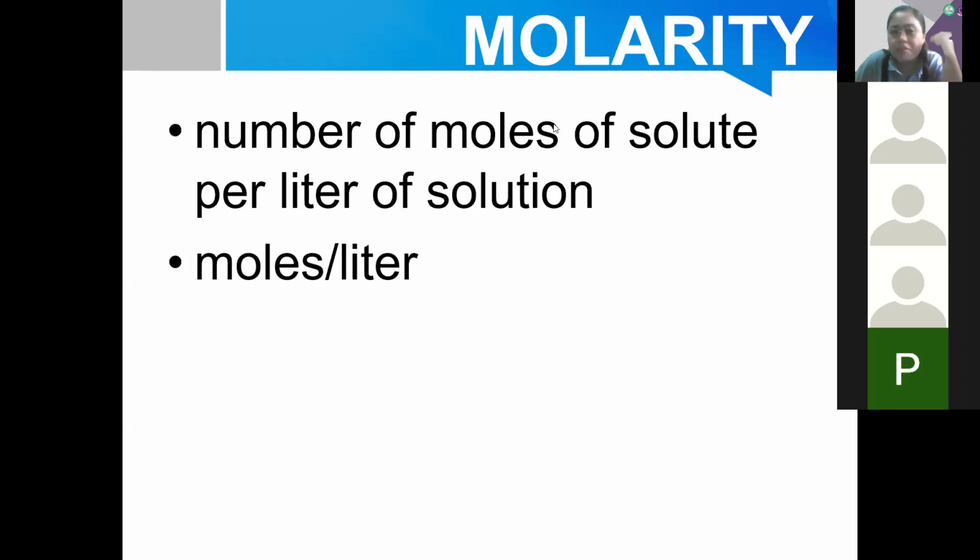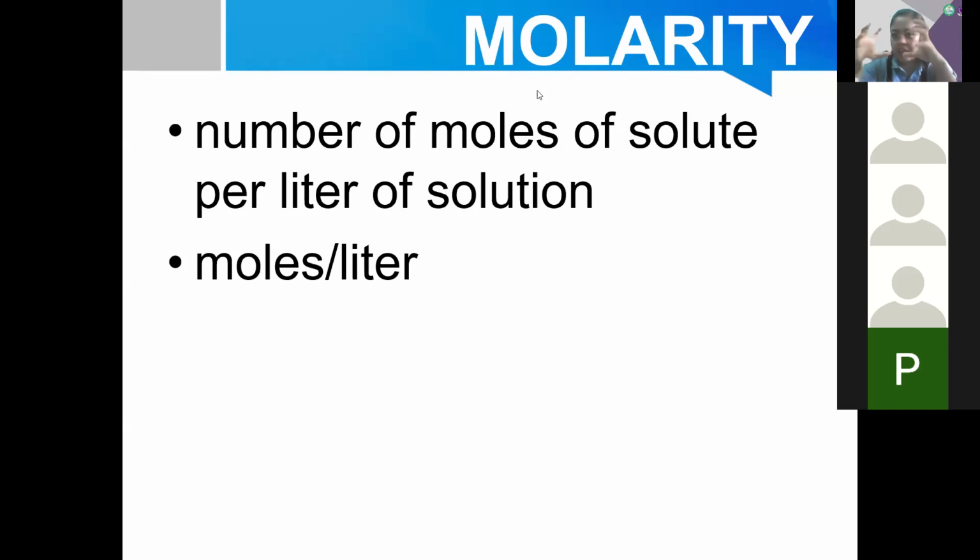Okay. Again, this is molarity. This is M sa as symbol niya, but this can be moles per liter also. Kasi by definition, molarity means number of moles of solute per liter of solution. Class moles is our SI unit, our international standard unit for the amount of substance.